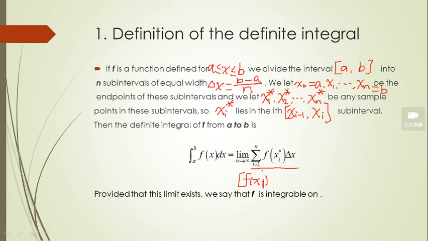So f(x1 star) times delta x. What is that? Of course, that is the first rectangle's area. And then f(x2 star) times delta x, the second rectangle's area, until the last one, f(xn star) times delta x.